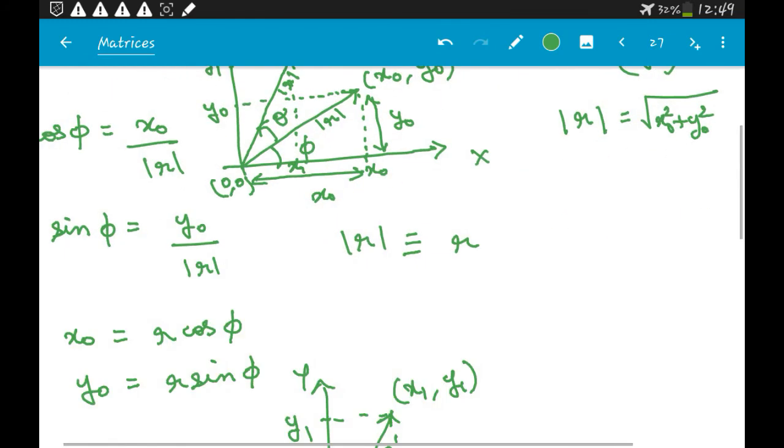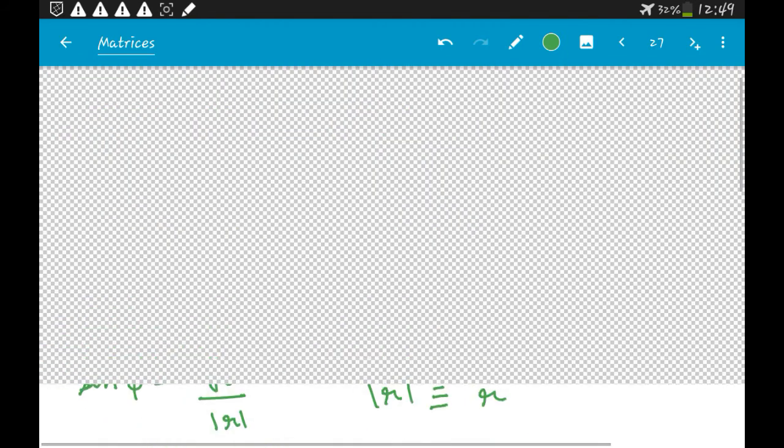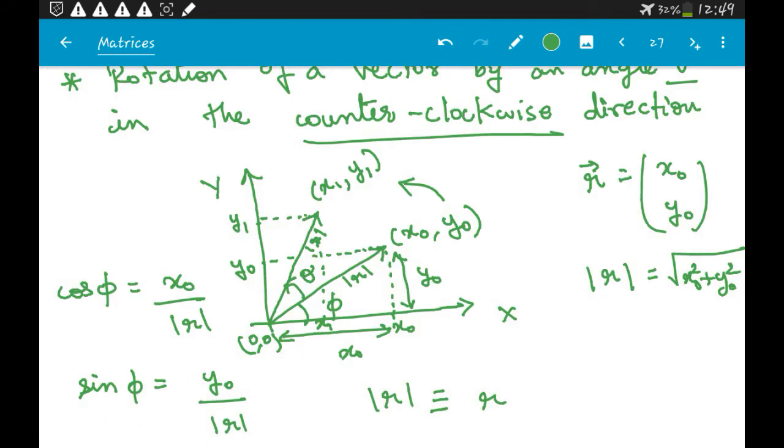Then the new vector will not have an angle theta plus phi with the x-axis; it will have an angle phi minus theta. This example was for the counterclockwise direction. Generally, if nothing is given and it just says the vector is rotated by an angle theta, you should assume it is counterclockwise. But if clockwise or counterclockwise is specifically given, then you have to do it that way.